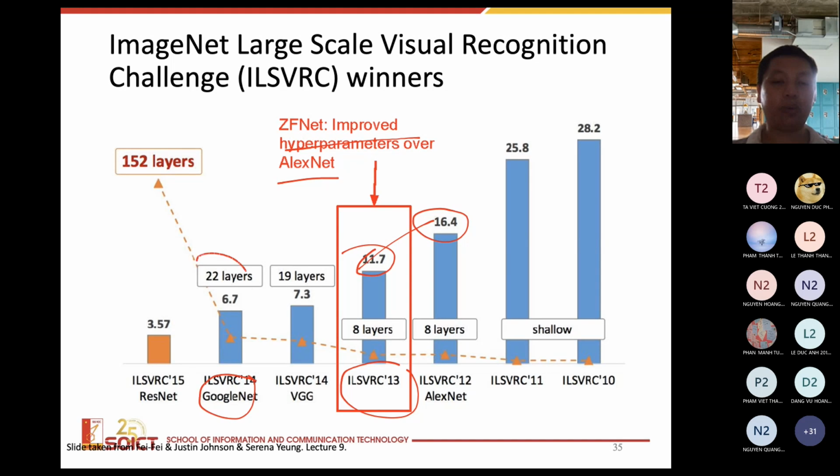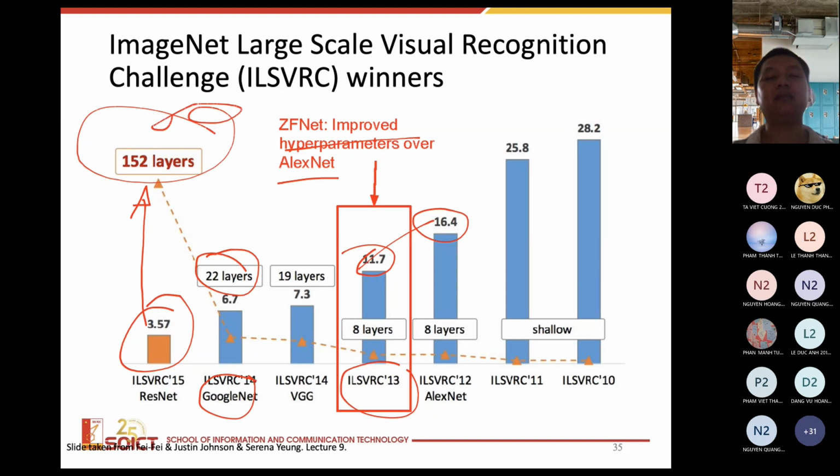And for GoogLeNet, we have up to 22 layers. And ResNet in 2015 is a very big network of 152 layers. Okay, so you see here the explosion in network depth.